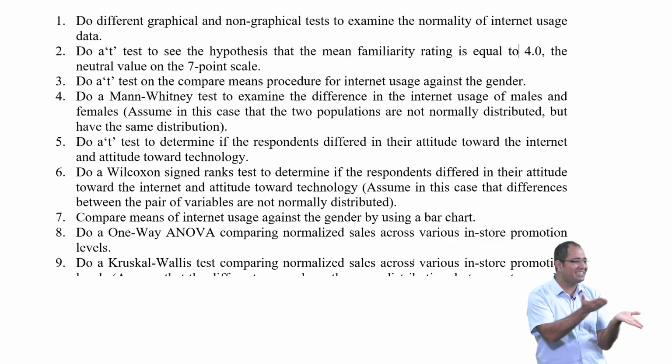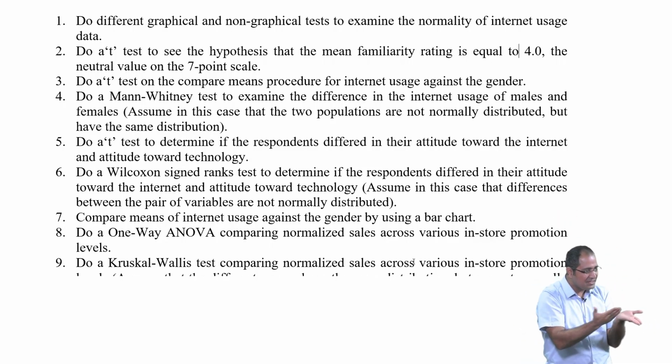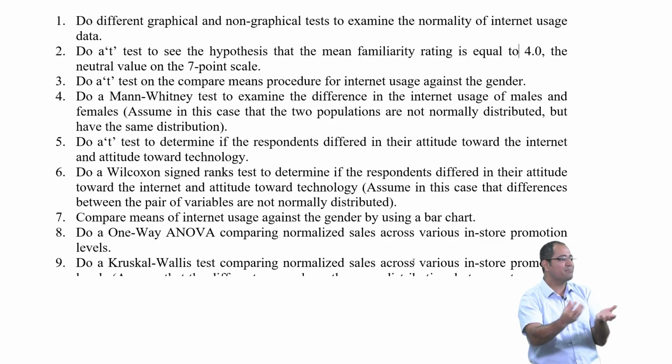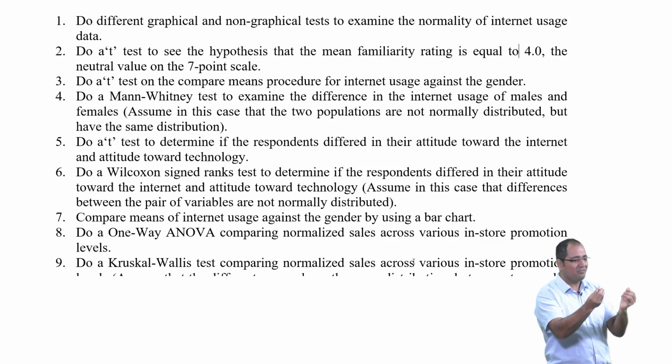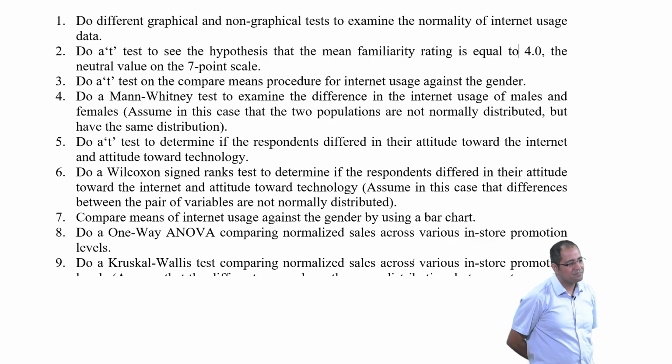That is one possibility. It will tell you whether in the population of the respondents the mean difference of the preference across the two brands is significantly different or not.